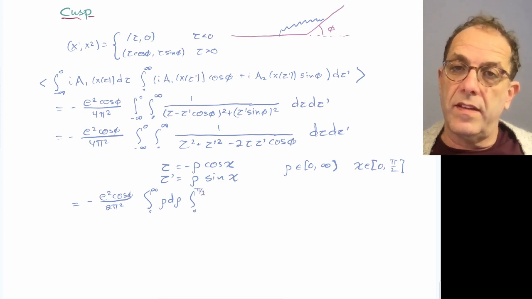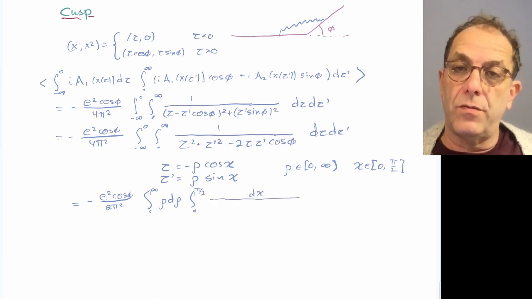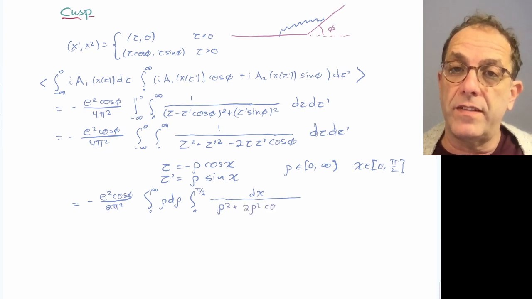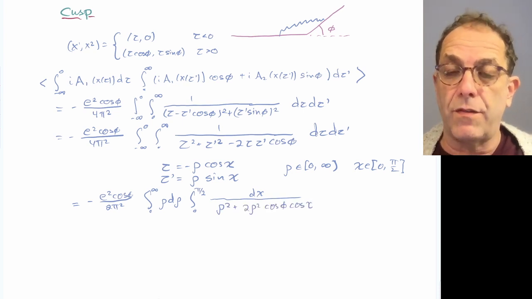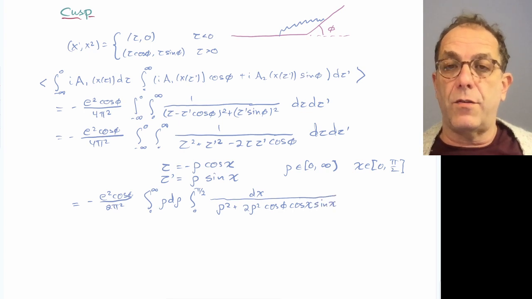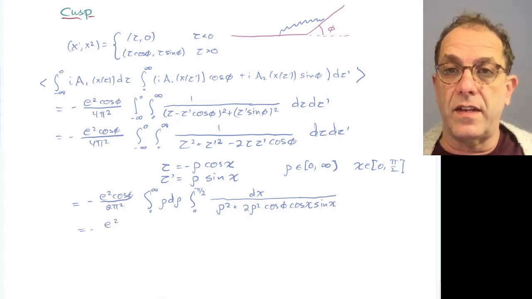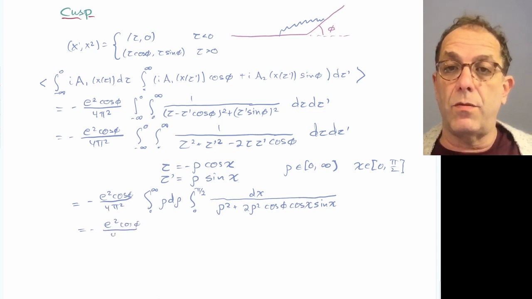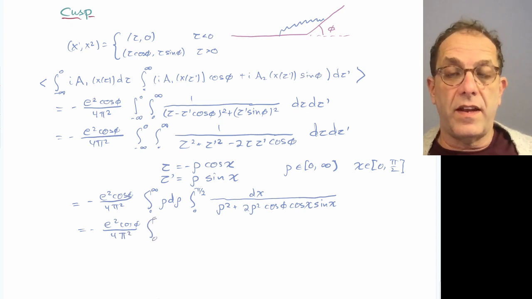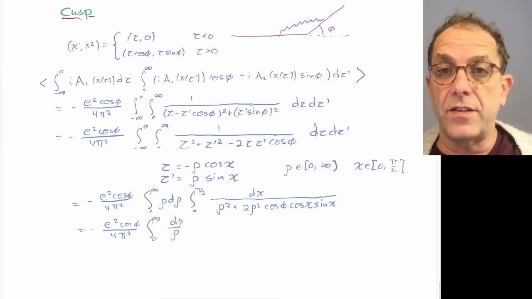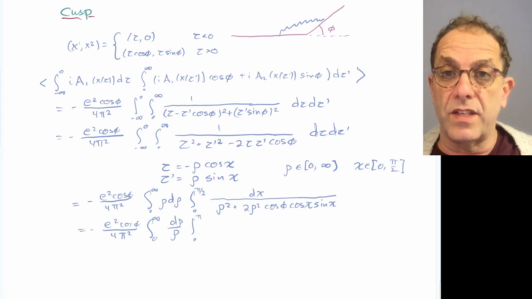So we get this integral with the measure rho d rho, and then the integral d chi. Now I rewrite this distance in terms of rho and chi. Of course, it's obvious that I can take the powers of rho out, and I just get the integral of rho d rho. Then I get this complicated angular integral, but luckily Mathematica knows how to do it.